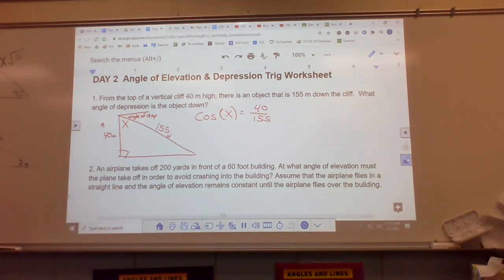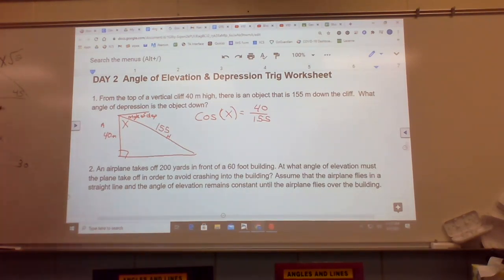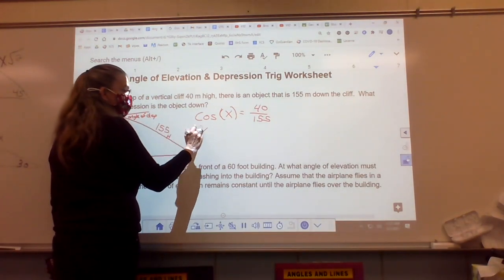Now, does anybody remember what do I have to type into the calculator if I'm finding an angle? Cosine. It is cosine, but remember, if I'm finding the angle, you have to do the inverse. I'm not going to write this on the rest of them, but I just want to make sure you remember that.